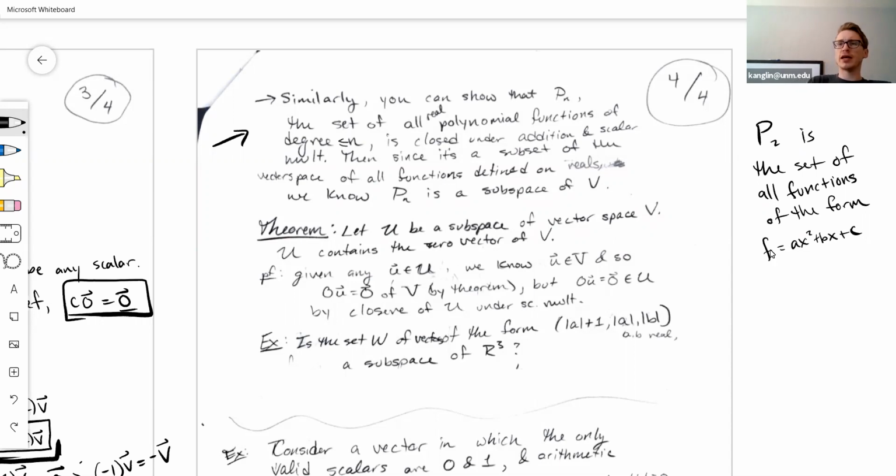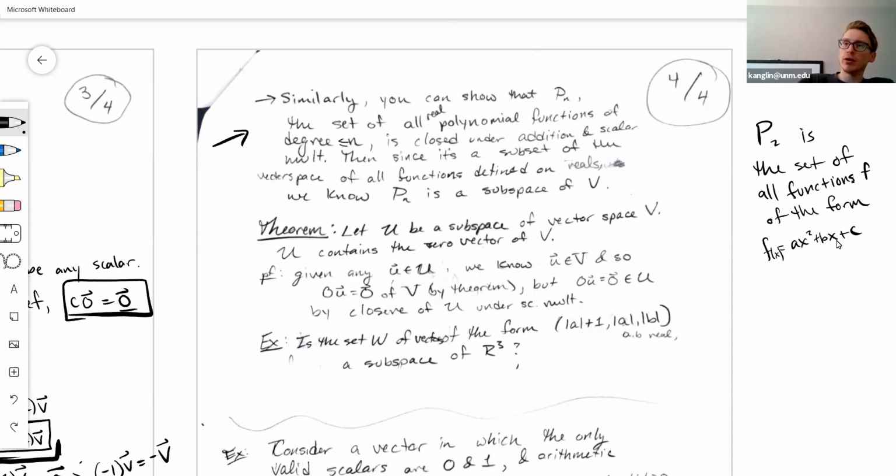I should say this is f of x. Because this is the most general way you can describe a polynomial of degree less than or equal to n, equals 2 in this case. It's a quadratic or less in degree, right?